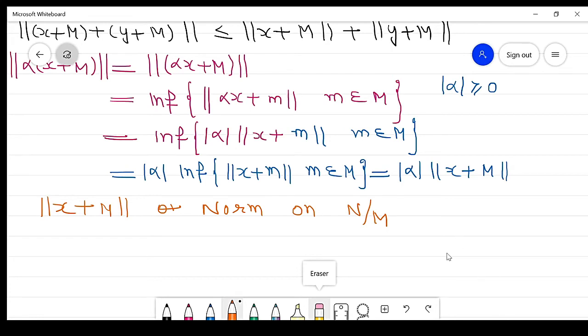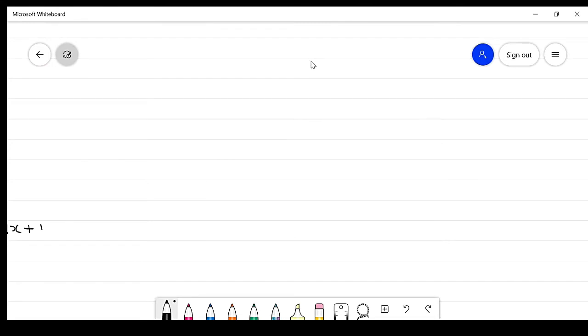Next is, if N is complete, then N by M is also complete. So that is our result.